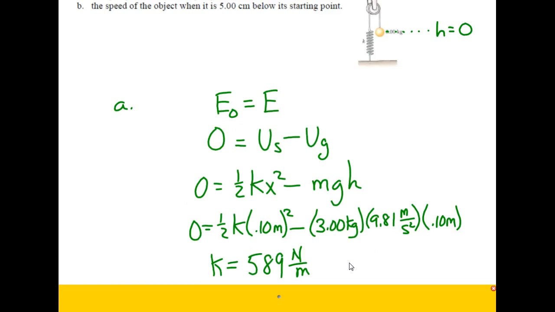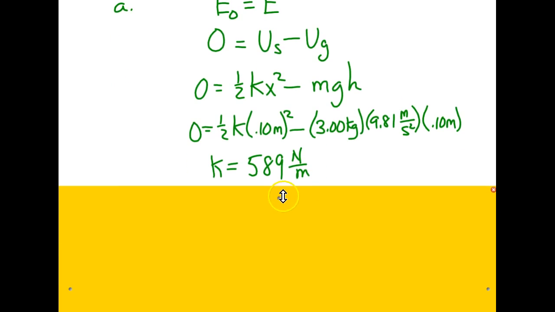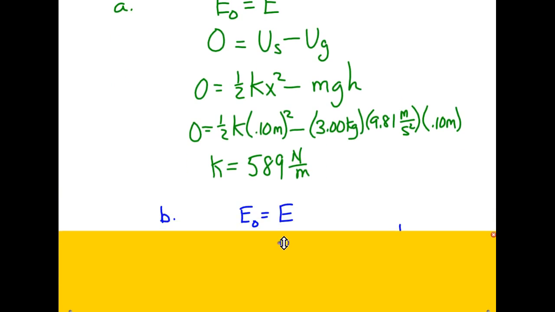Alright, in B, they want the speed of the object when it's 5 centimeters below the starting point, which is halfway between here and where it stops when it's dropped. Well, to reevaluate, we're going to use conservation of mechanical energy again, and we still have all three forms in the initial state in the diagram being 0.